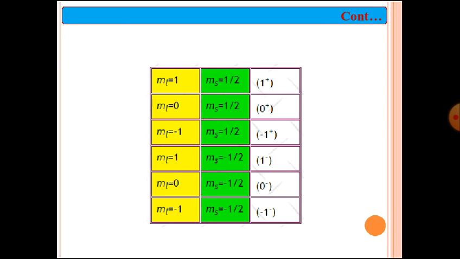Here ml equal to minus 1, ms equal to 1 by 2 is minus 1 positive. ml equal to 1, ms equal to minus 1 by 2, 1 negative. ml equal to 0, ms equal to minus 1 by 2, 0 negative. ml equal to minus 1, ms equal to minus 1 by 2, minus 1 negative.